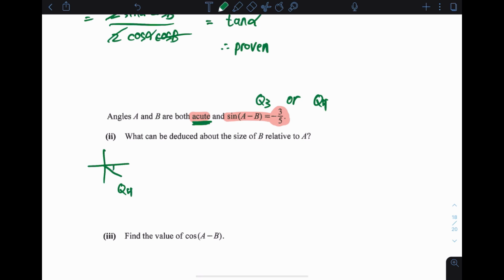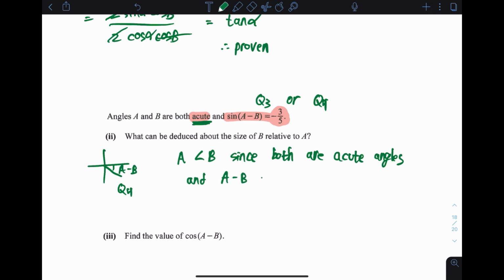The sine of A minus B results in a negative because A minus B is actually in quadrant 4. This is only possible if angle A is less than angle B, since both are acute angles and A minus B ends up in quadrant 4.